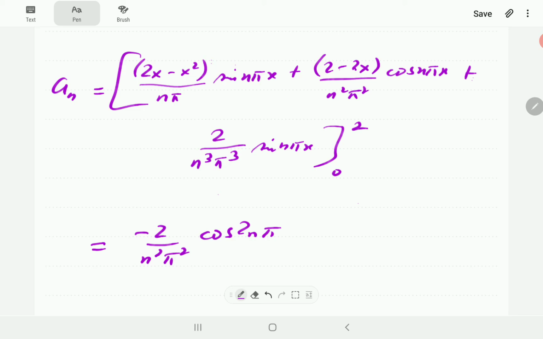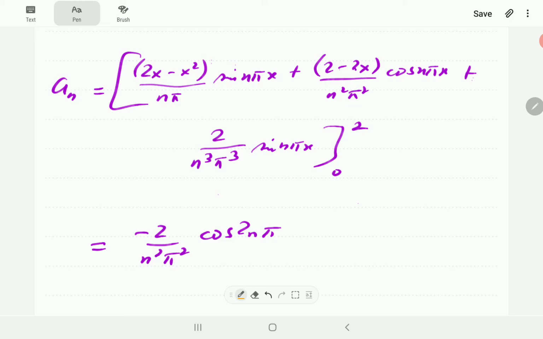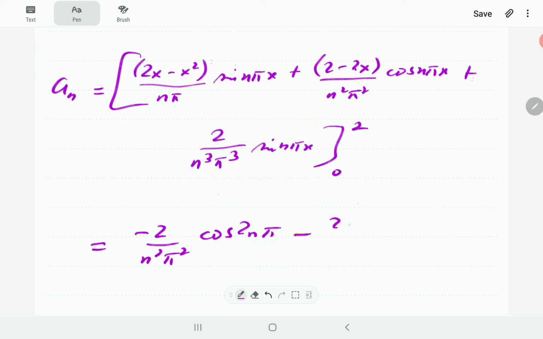Then when we plug in x is 0, again this term is going to be 0. This is going to be sine 0 anyway. This one is going to be cosine 0. This is going to be 2, but remember we're subtracting now, so it's going to be minus 2 over n squared pi squared cosine 0.